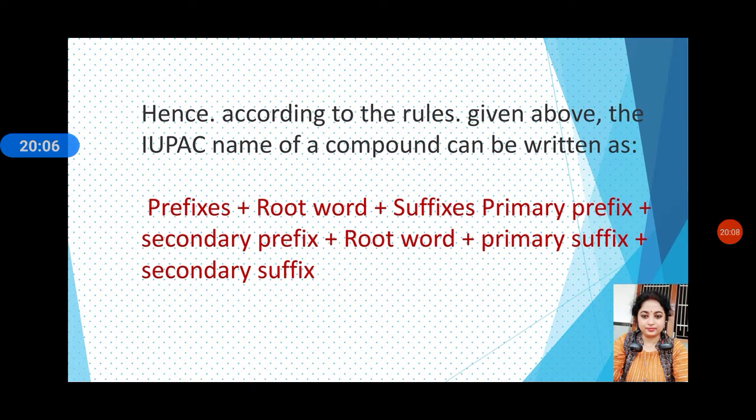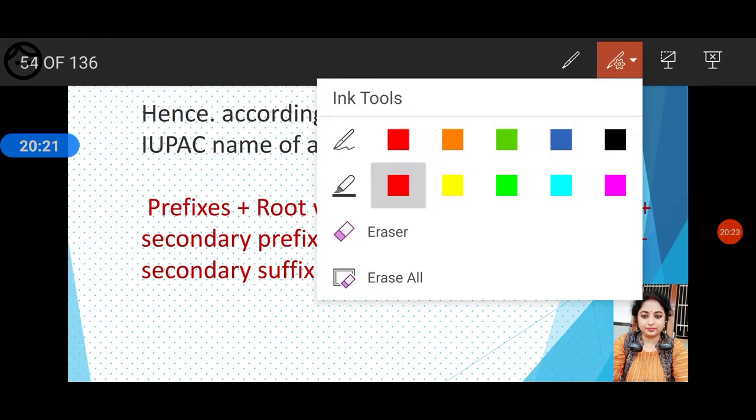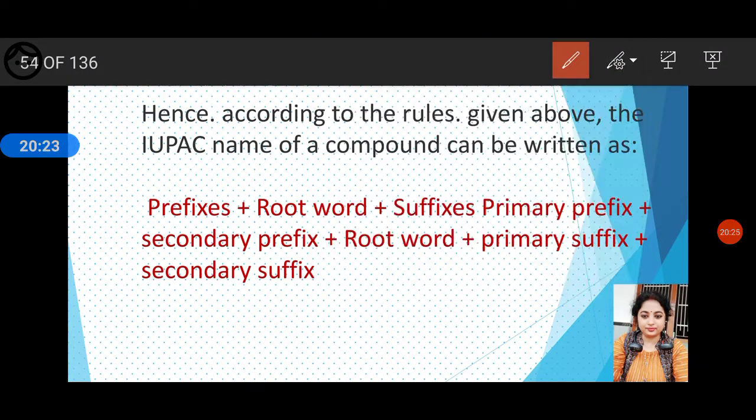Hence, according to the rules given above, the IUPAC name of a compound can be written as follows. If the compound is given, first we have to find out the root word, then prefix. How do you write the name?